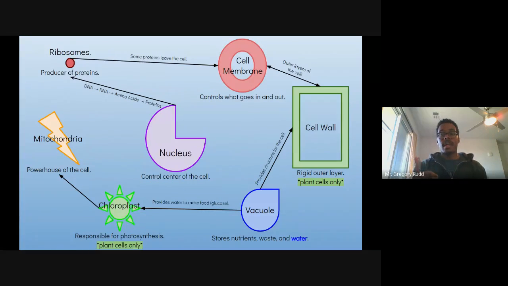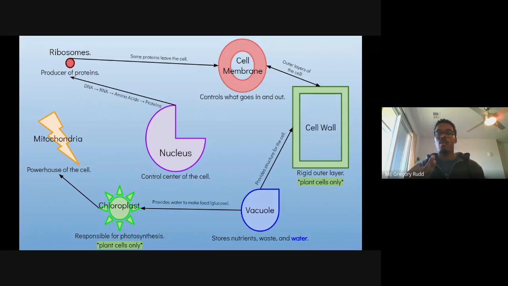Because what happens is that it's just going to recycle the materials that it needs. So photosynthesis, like I said, requires three things: sunlight, water, and carbon dioxide. The cool thing about it is that the products of photosynthesis are oxygen and glucose. Those are the same two things that are needed to make energy. So once we make glucose and oxygen, we use those two things to make energy.